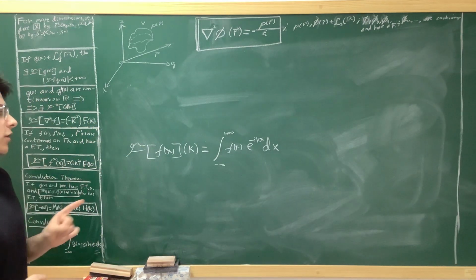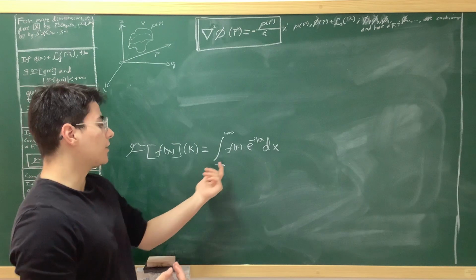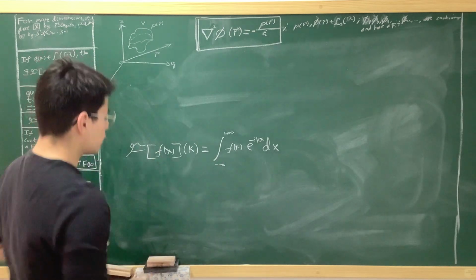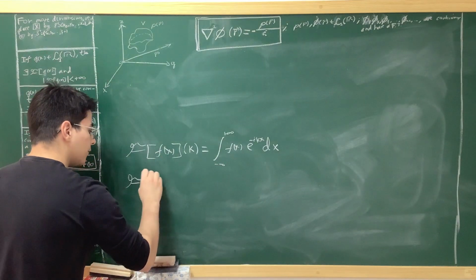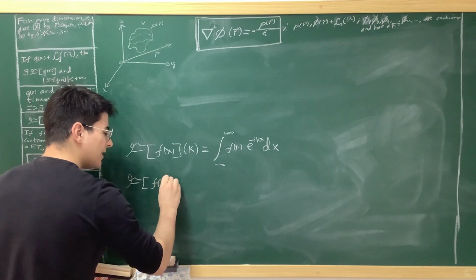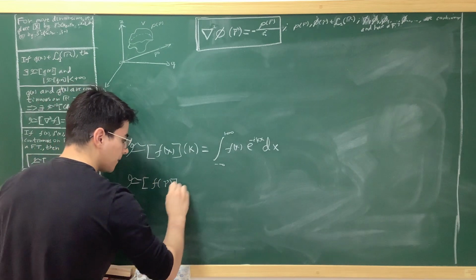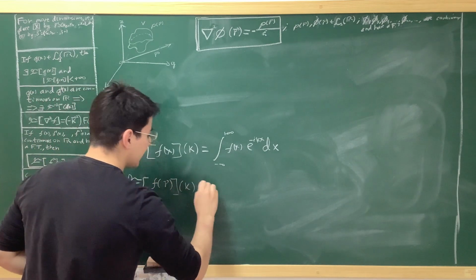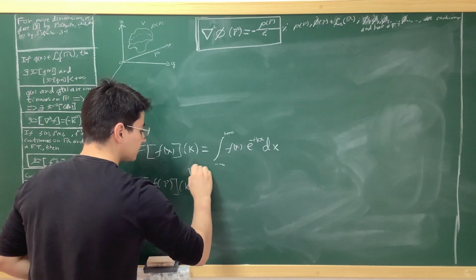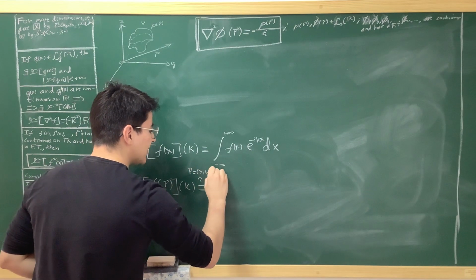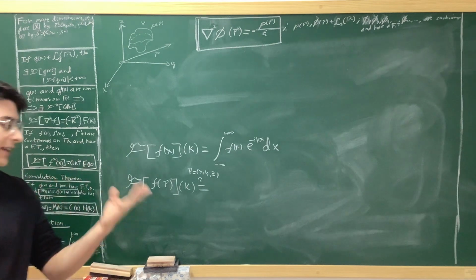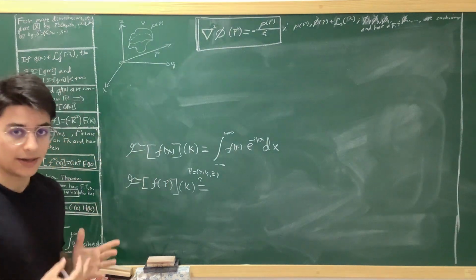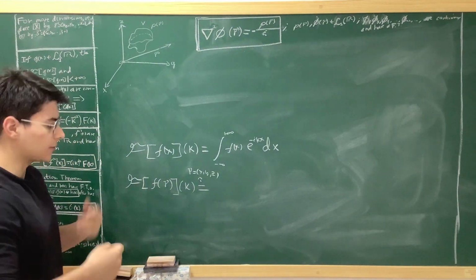Now, of course, we are not going to use this exact definition because we are in the multivariable case, so we are taking the Fourier transform of a function which depends on r. In our case, r is going to be x, y, z, because we're working in three-dimensional real space.